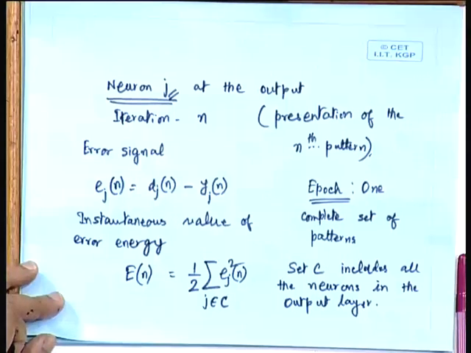then we are going to get an updated weight. So, over capital N number of patterns, if we take the average weight, that weight and this weight will not be exactly the same.